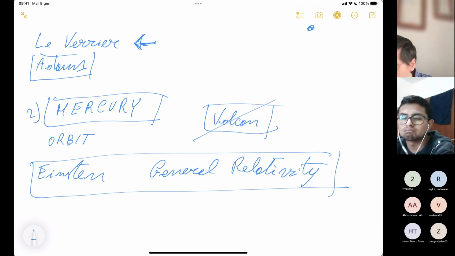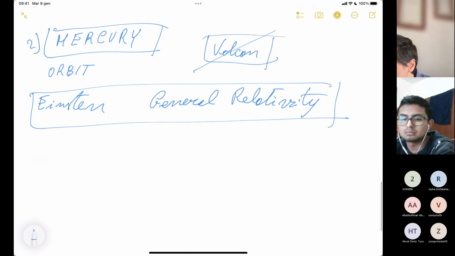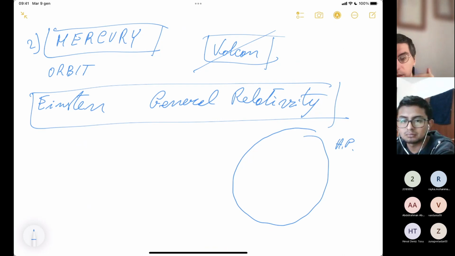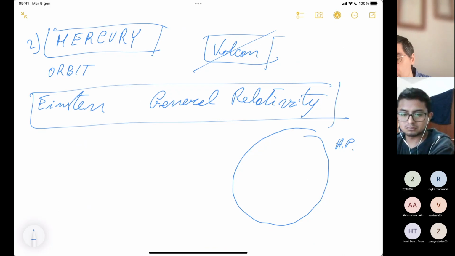Now, what I want to underline here is that the hypotheses made by Einstein, which are the base of general relativity, are more general than those of classical mechanics. What does this mean?